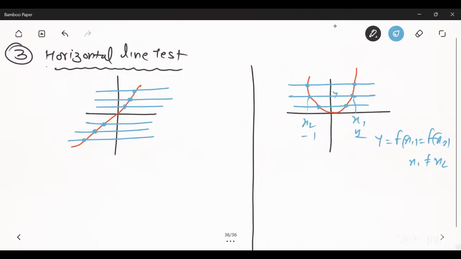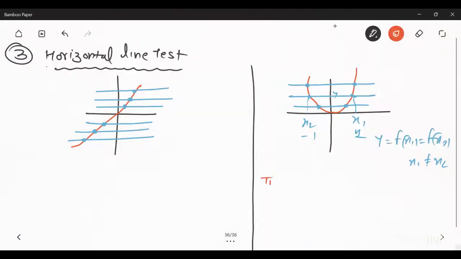So what the horizontal line tells us: if all the horizontal lines of the graph cut at only one point, that function is known as a one-one function. And if at least one horizontal line cuts the function at 2 points, that function is known as a many-one function.